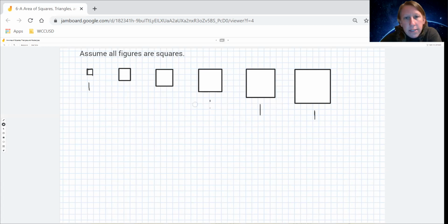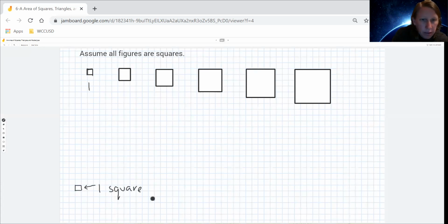Instead, while it is true that every square has an area of 1 square, on this graph paper, the unit has been defined for us. So this is what we call 1 square unit. I don't really know how big this paper is, so I'm going to call this 1 square unit. That means the area of this square is also 1 square unit.